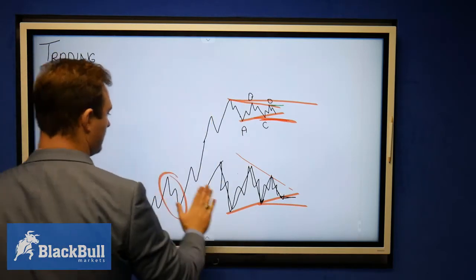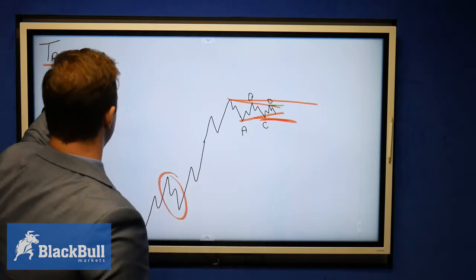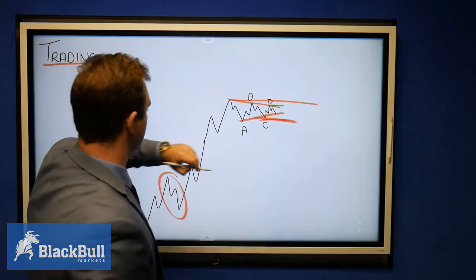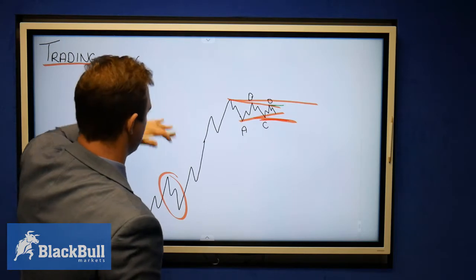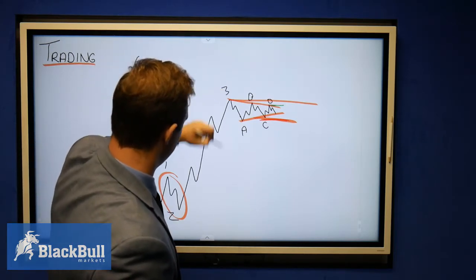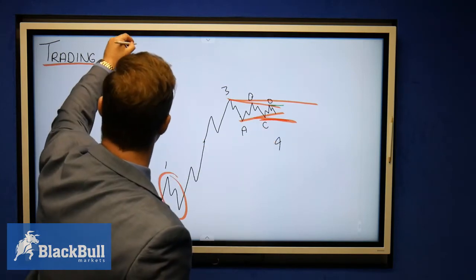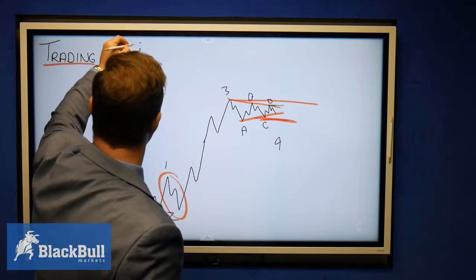So, looking at this triangle structure, we'll zoom in on this and think about this. So we've got the move to the upside, we've got our wave 1, wave 2, wave 3, and wave 4 finishing over here. So we've got wave 3 up over here.